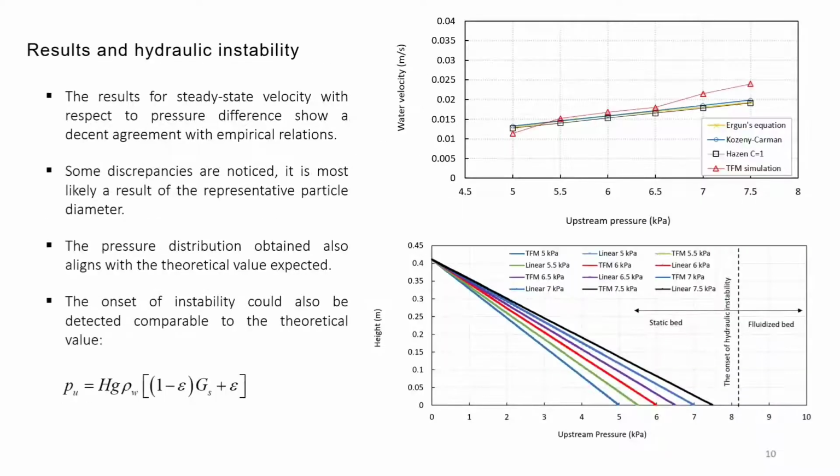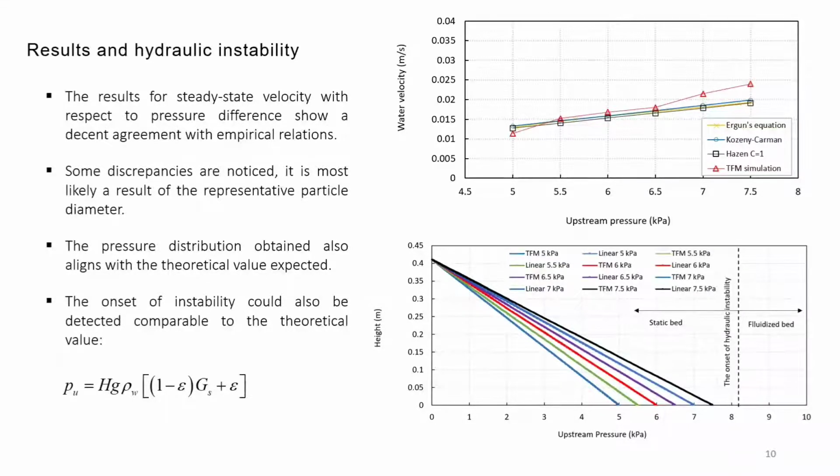If we look at the simulation results for seepage velocity against the upstream pressure, we can see it agrees well with some results of the empirical formulas for permeability and hydraulic conductivity. Note that here we're not using any of the Darcy equation's parameters, no hydraulic conductivity, no permeability, just performing the calculations on a very fundamental level, which is in a sense a numerical experiment for permeability.